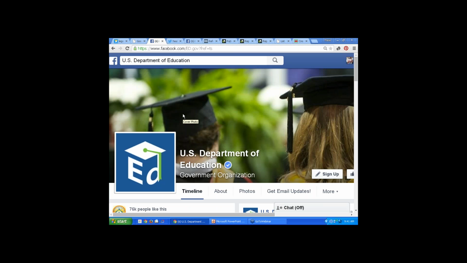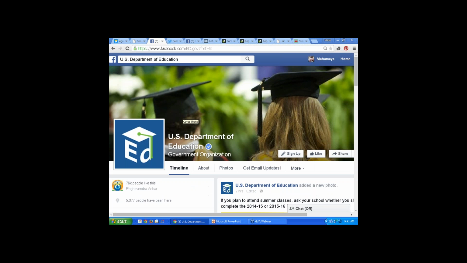To lead into a similar example, in Facebook we have the same kind of interesting issue, which is how the subject, education, is being talked about.